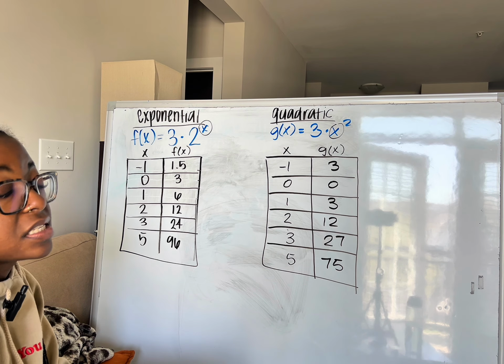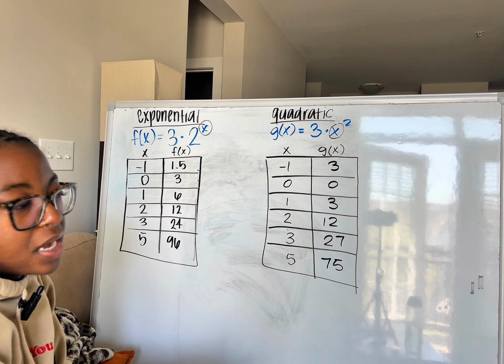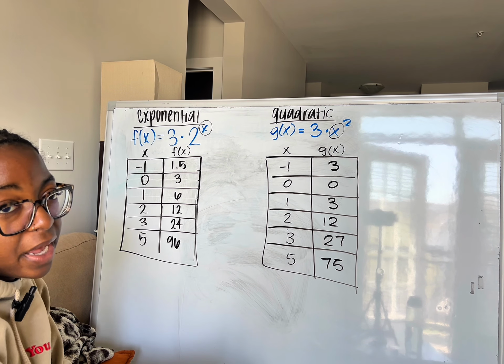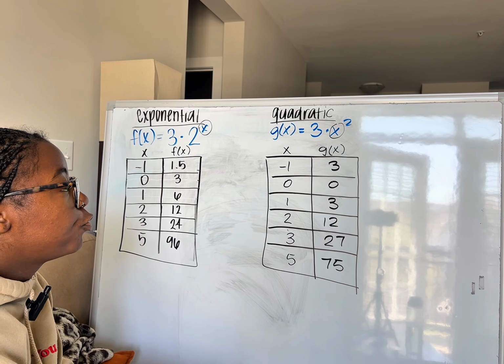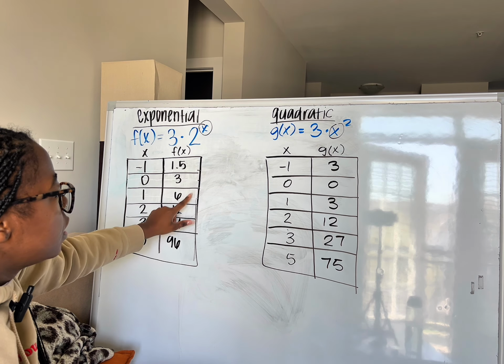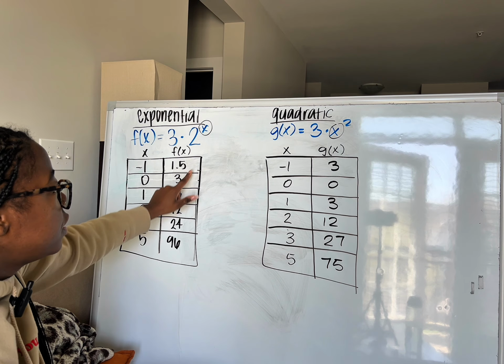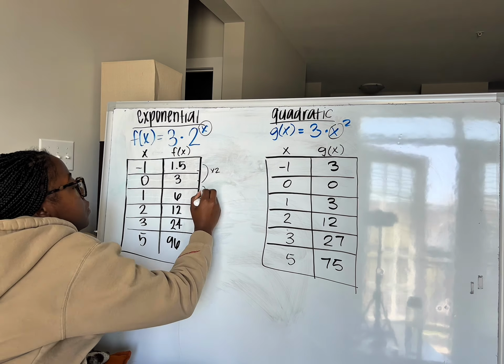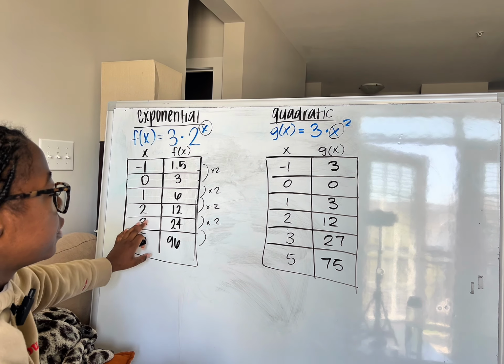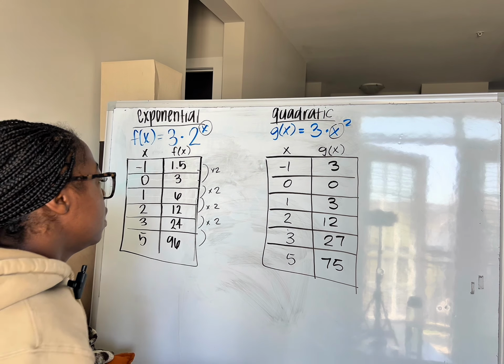I wouldn't necessarily say it grows faster because that could possibly not be true depending on the situation. But it will eventually pass quadratic. What I also want you to see is how we're consistently going up right here. We're doubling every time.